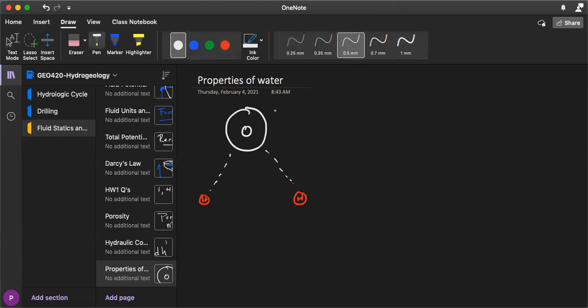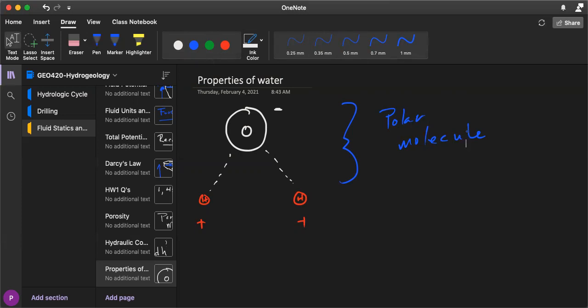So water has a negative and a positive side to the molecule. So it's a polar molecule. And that's going to be important to us for a couple reasons.